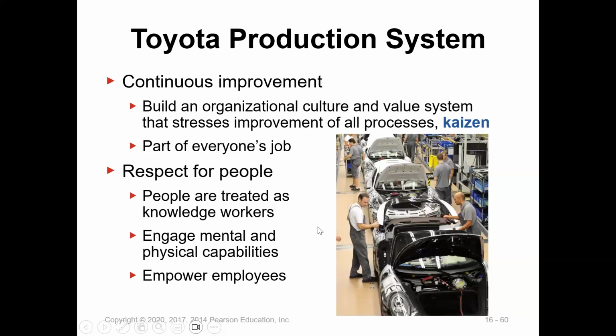So Toyota Production System: continuous improvement. Build an organization culture and value system that stresses improvement for all processes. Kaizen, Kanban. Okay, respect for people. People are treated as knowledge workers.